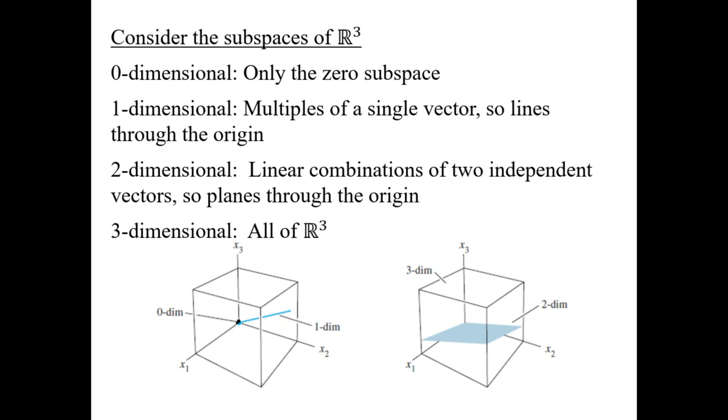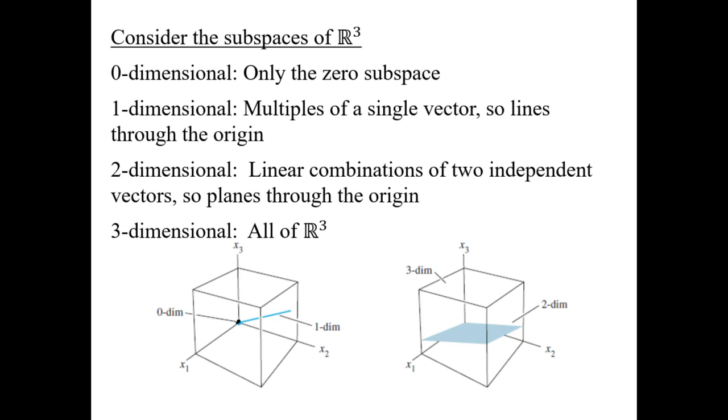A 1-dimensional subspace would be any multiples of a single vector, right? 1-dimensional means the basis is just one vector, which means that the vector space would be all multiples of that. So what we're looking at is lines through the origin. Now it is worth mentioning it has to go through the origin because every subspace has to include the 0 vector.